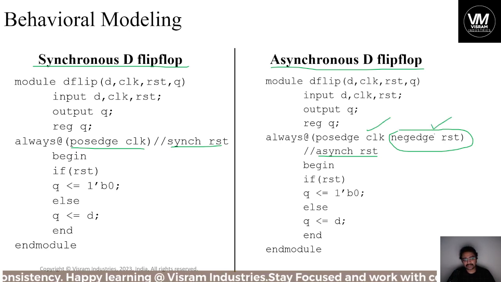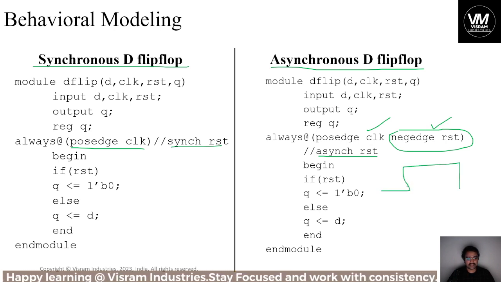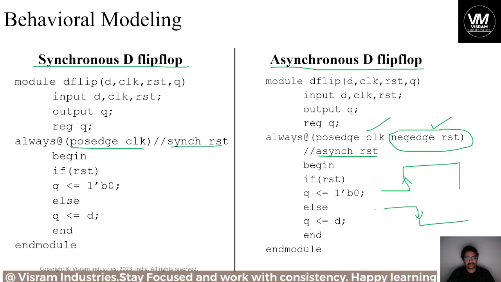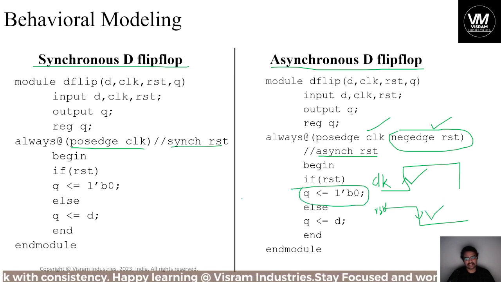At any point these changes happen, for example, the posedge of the clock and the negedge of the reset. So this is reset and this is clock. For any one of these changes, it is not synchronized, it is asynchronous.